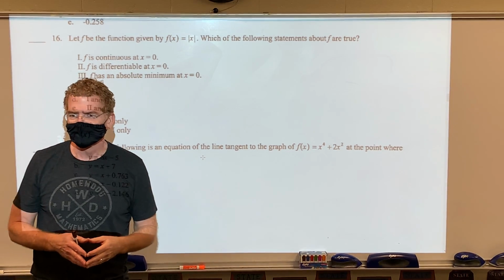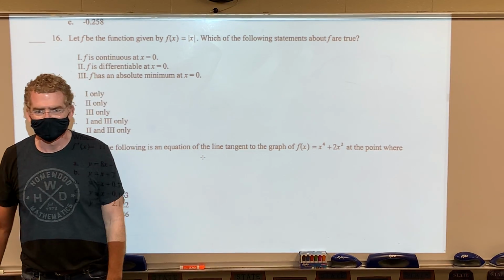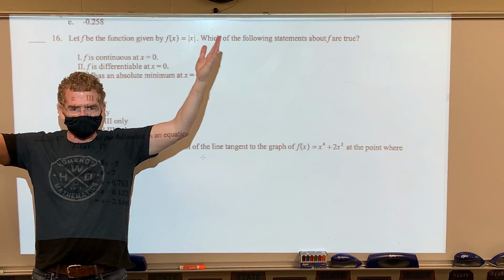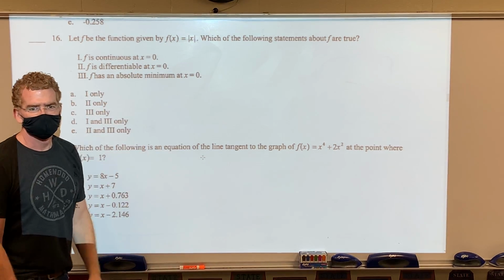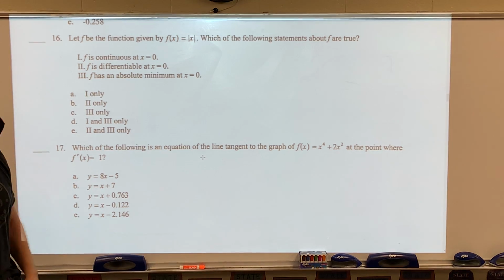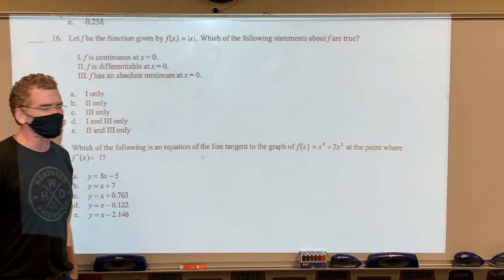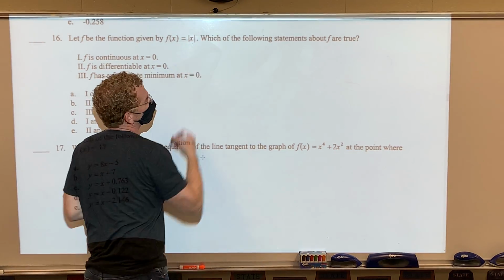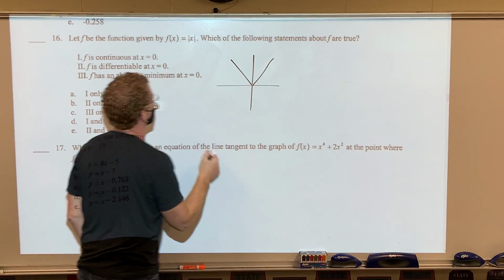What's the absolute value of x function? V. V for victory, right? Okay, so you got this V function. That seemed too easy for that to be the answer. No conspiracy here. So if I've got this V function, what do I know about this V function right here?